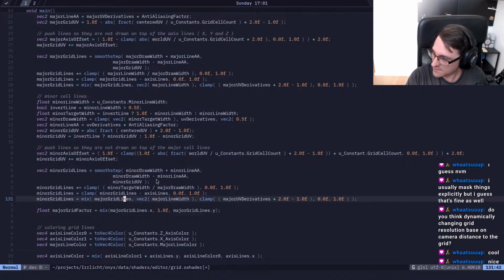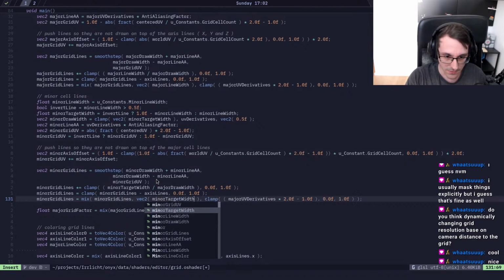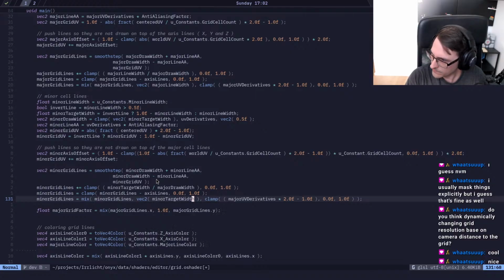Then we have a mix between our minor grid lines. And this is the minor target width. And then this is the UV derivatives.